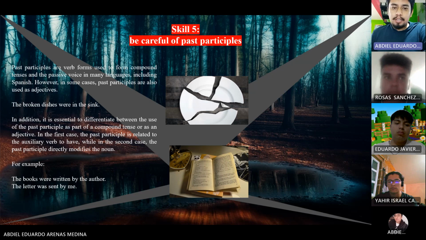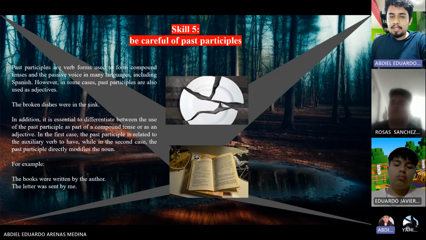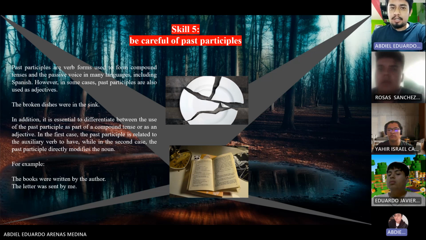The skill number 5 is the past participle. Past participles are used to form the compound tenses and the passive voice in the language, including in Spanish. However, in some cases, past participles are also used as adjectives.